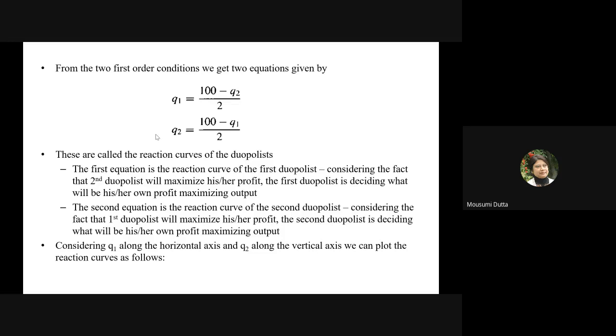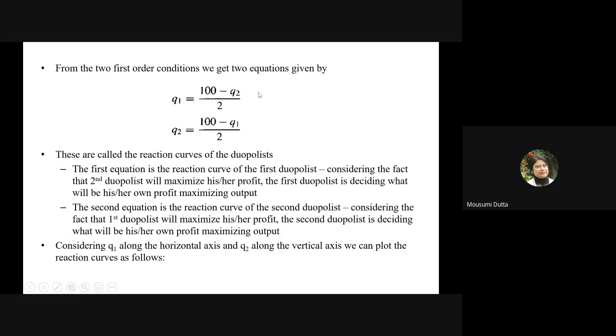These are called the reaction curves of the duopolist. If I consider Q2 to be 3, my output will be something. If I consider Q2 to be 5, my output will be something else. If I find Q2 to be 100, my Q1 will be 0.